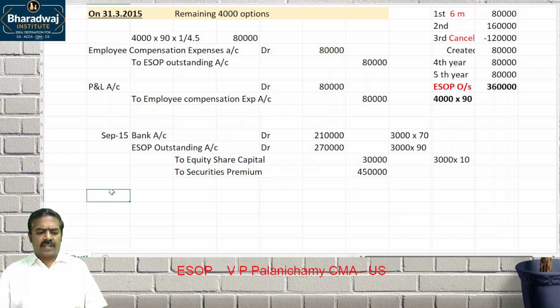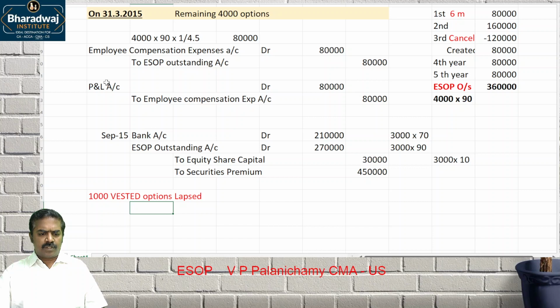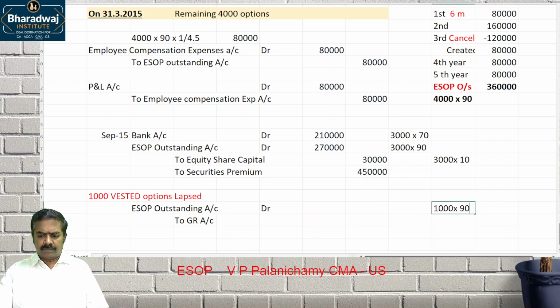For the options lapsed, how many options lapsed? Vested options lapsed. What is the entry you will pass? ESOP outstanding account debit to general reserve. That is for the 1,000 options into 90.